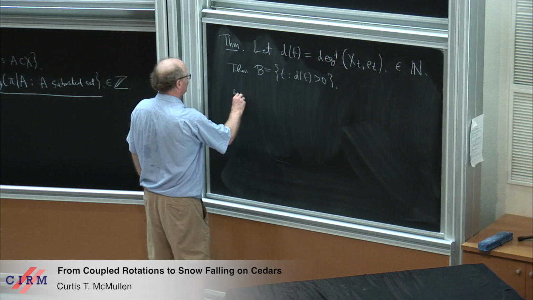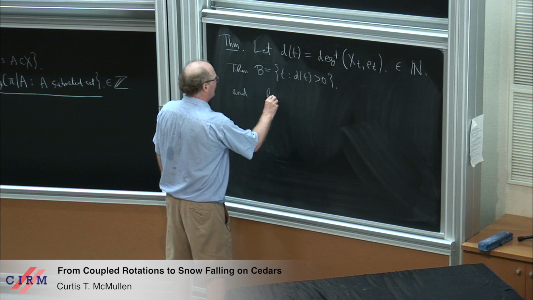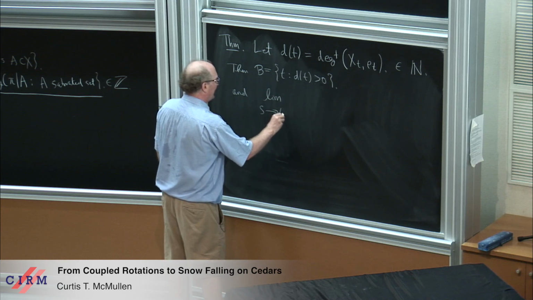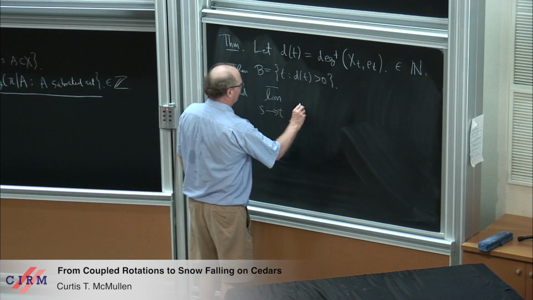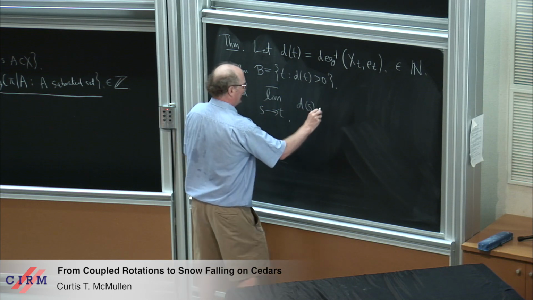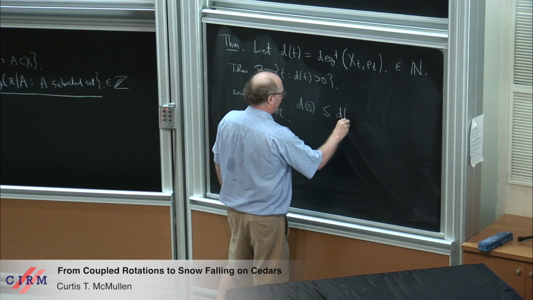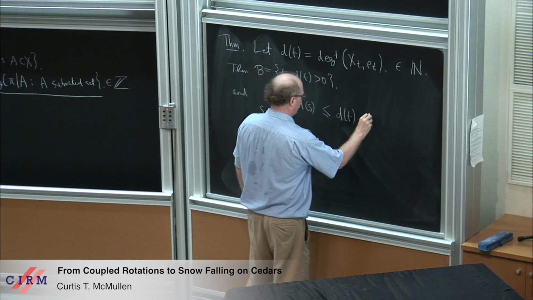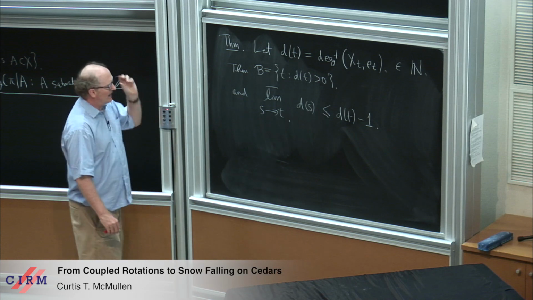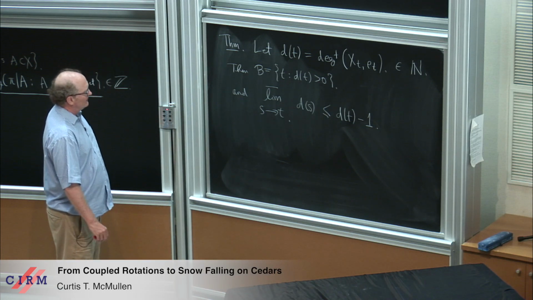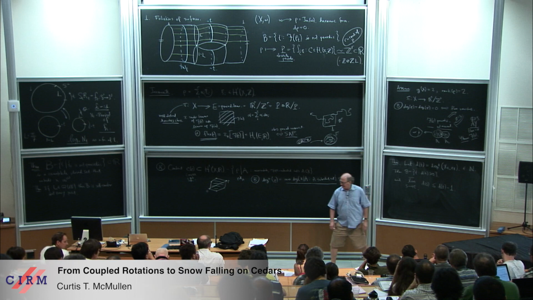And the lim sup as s goes to t of d of s is less than or equal to d of t minus 1. Sorry, I think I wrote that backwards.